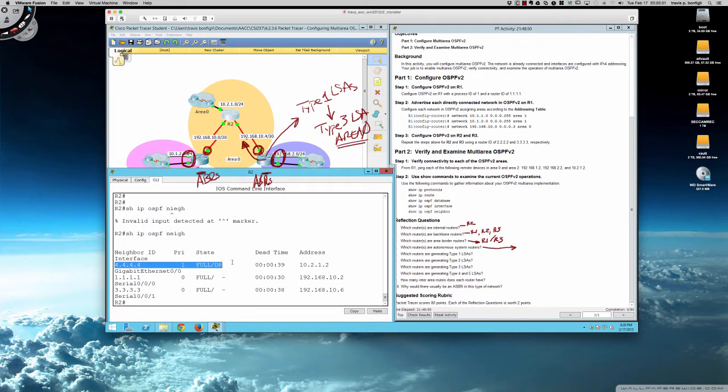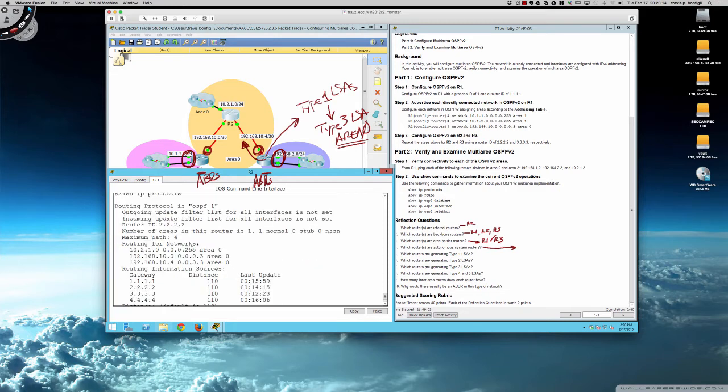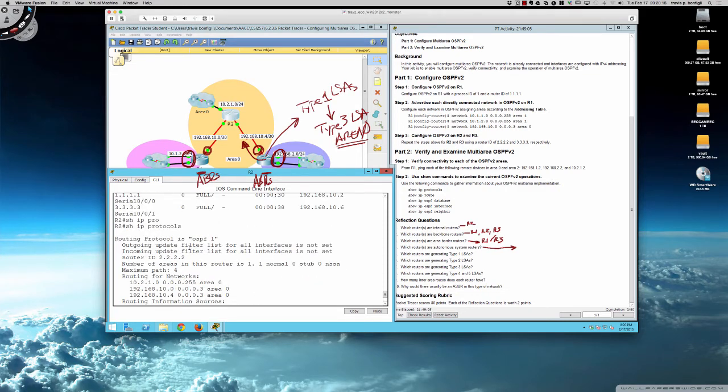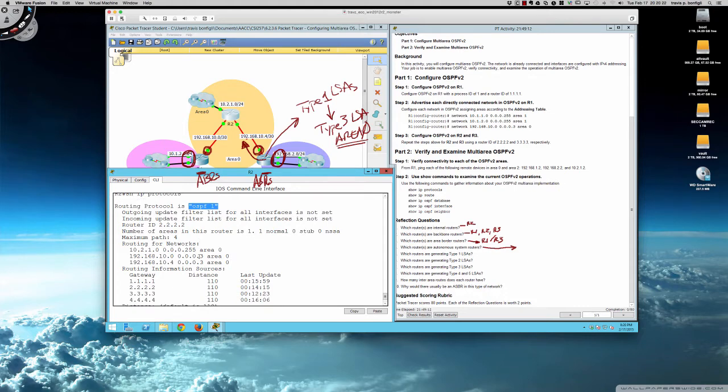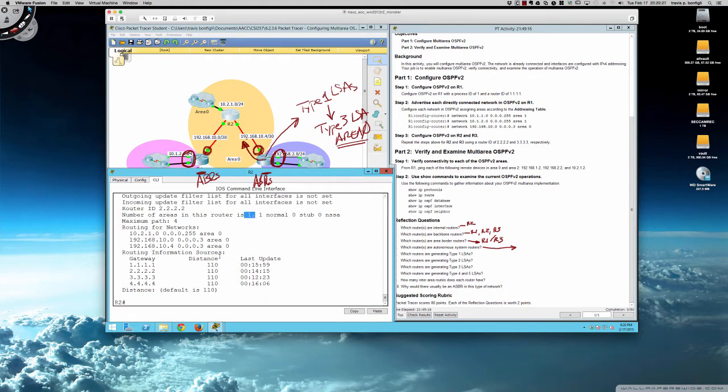So you can clearly see that router 4 is the DR. If I do a show IP OSPF, let's see, I don't want to do interface, let's just show IP protocols. If I do a show IP protocols, right, you can see that it gives me my information that I'm using OSPF process ID 1. Number of areas, I have a single area. I'm in area 0. I'm routing for these networks here, and it is show IP OSPF interface.